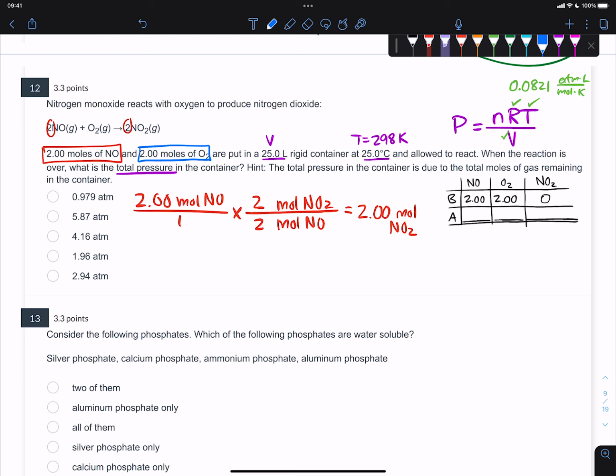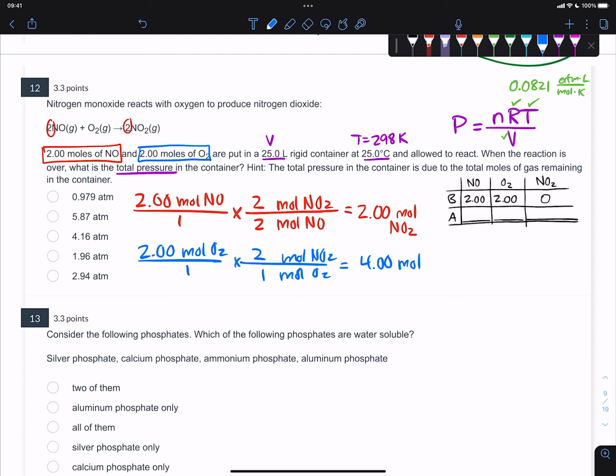Now, like we've done before with limiting reactants, let's go to the oxygen. If I have 2 moles of oxygen, and I convert that from moles of oxygen to moles of the product, which is NO2, I see that there is 1 mole of oxygen for every 2 moles of nitrogen dioxide, and I get 2 times 2, which is 4 moles.